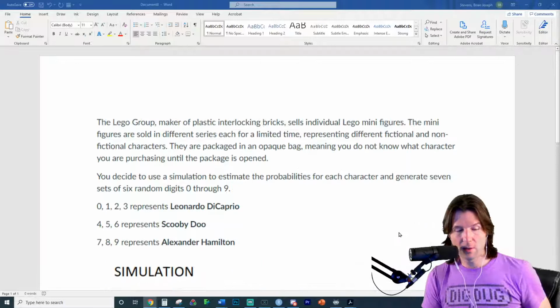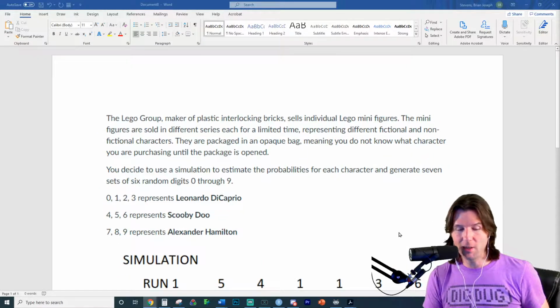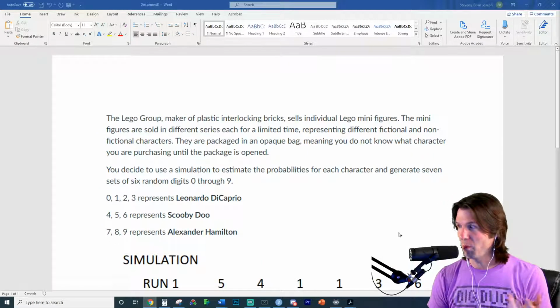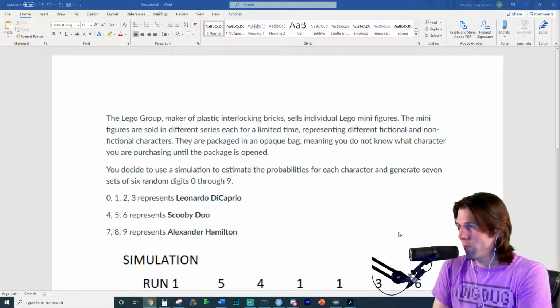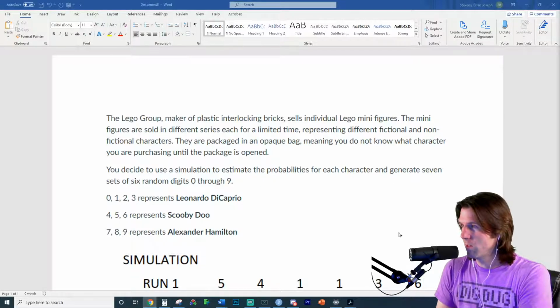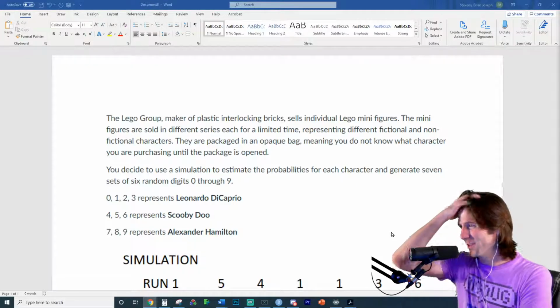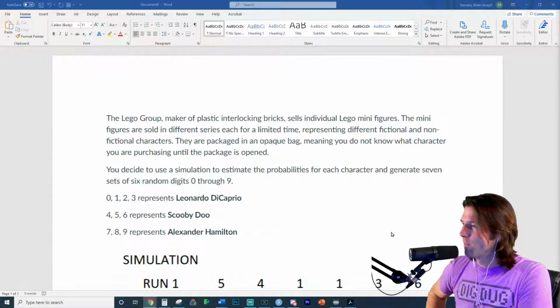So we look at this right here, the Lego group, maker of plastic interlocking bricks. So we know who they are. Sells individual Lego minifigures. The minifigures are sold as different sets representing different fictional and non-fictional characters. So you got Scooby-Doo, totally fictional. Leonardo DiCaprio, Alexander Hamilton, no, they're not fictional. So Scooby-Doo is not fictional.